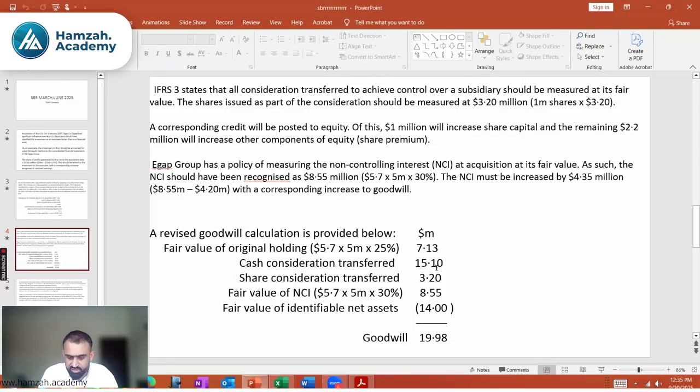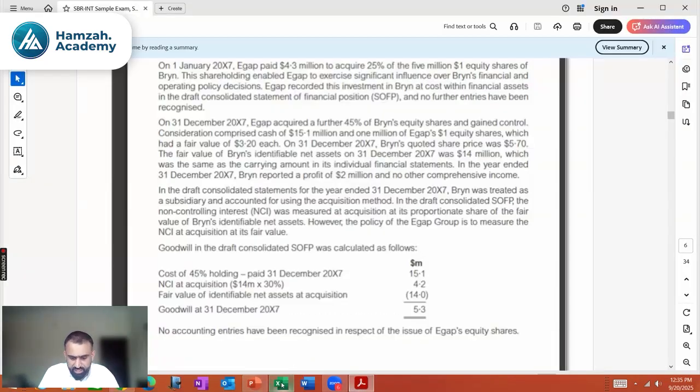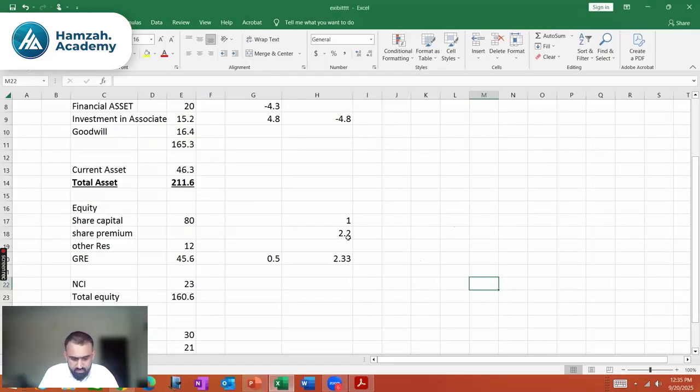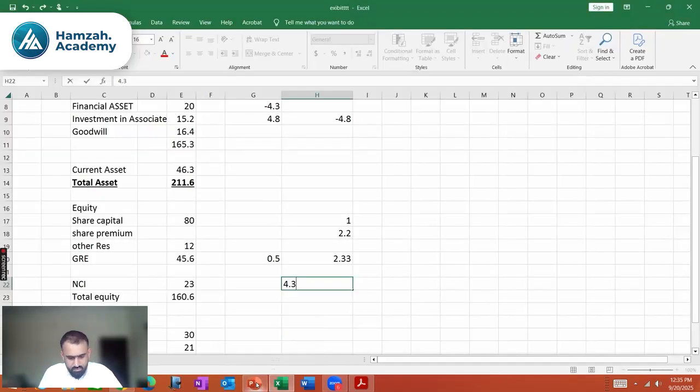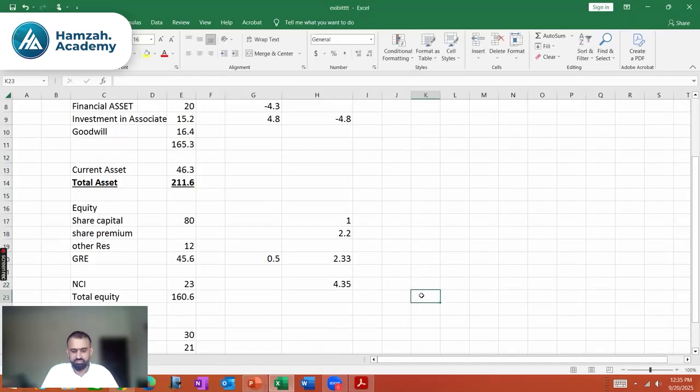Cash consideration was duly recorded. Yes. NCI. The value of the NCI needs to be increased by 4.35.